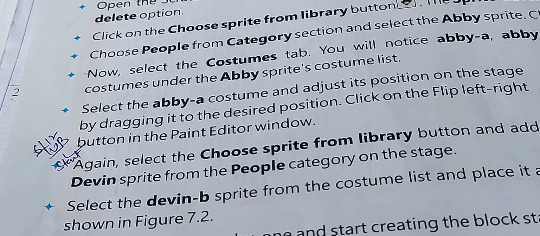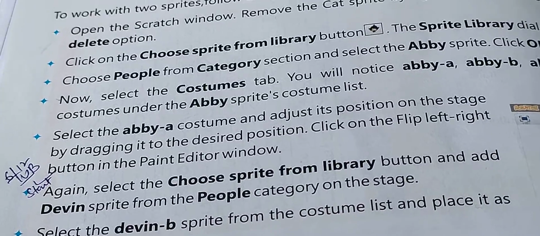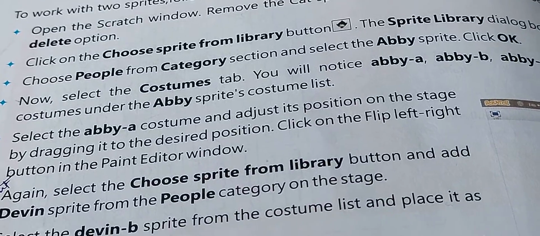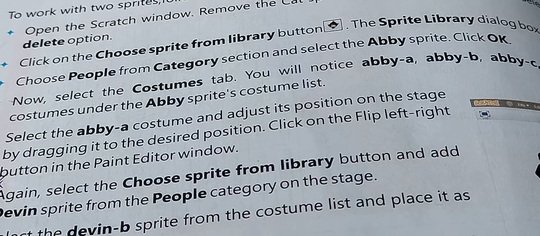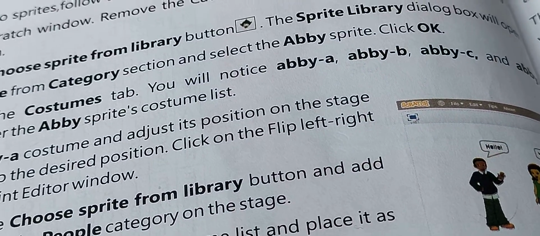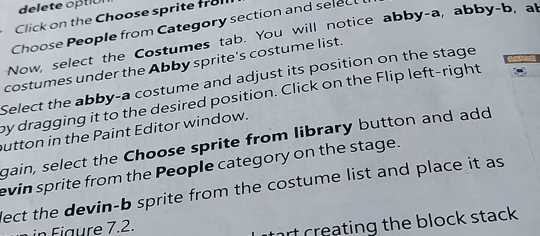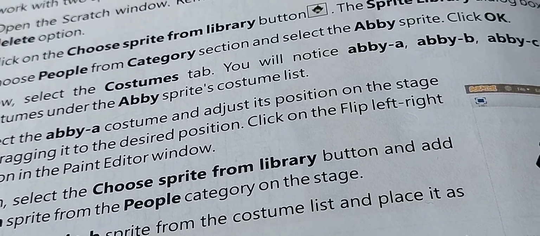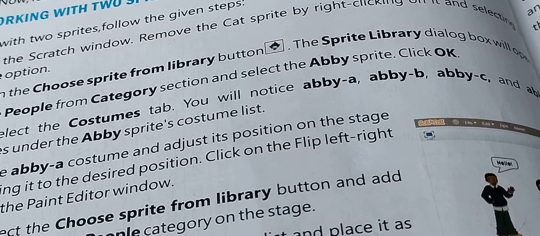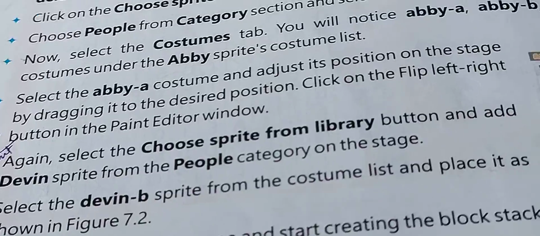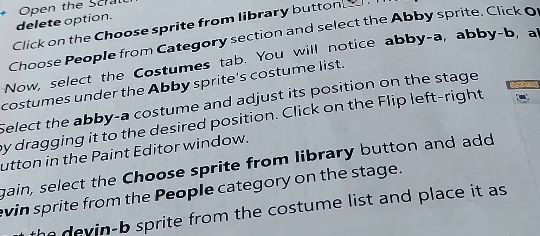So we can select the costume tab, and you will notice there are so many costumes given to the AB, such as ABA, ABB, ABC and ABD. Under the AB sprite costumes list, the ABA, ABC and ABB costumes are mentioned there. Select the ABA costume.